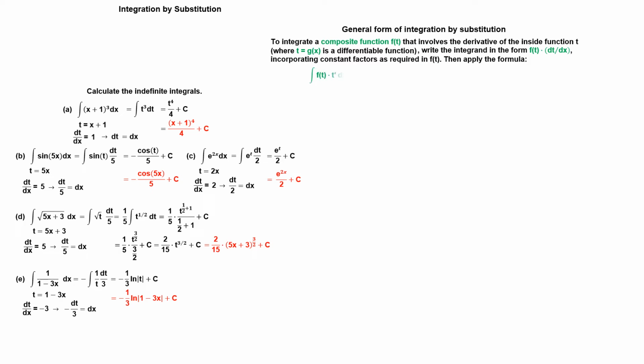Then apply the formula or use a slightly different notation. In general, we need to look at the integrand as a function of some expression, which we will later identify with t, multiplied by the derivative of that expression. In short, we make a substitution for a function whose derivative is also present in the integrand. The next example makes the substitution rule clearer.